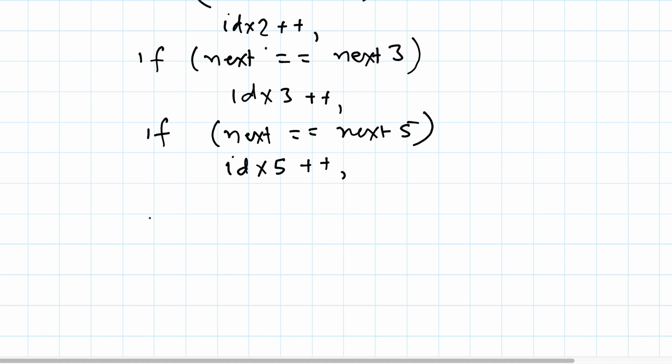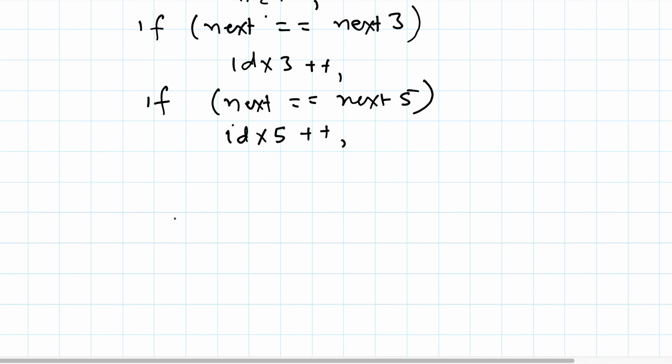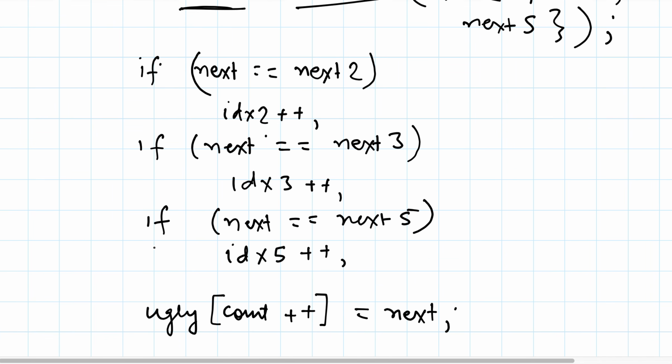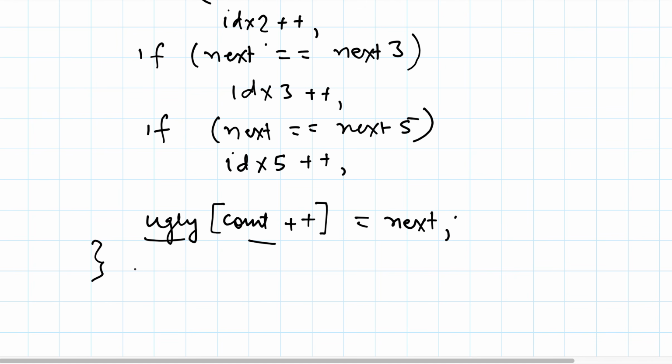And then whatever next we calculated, we will add it to our array. So we can do count plus plus. So it will add at position 1, then increase the count to 2, and next time it will add at position 2. So we have increased the count, we have added the value to the ugly array. Now we can close this.